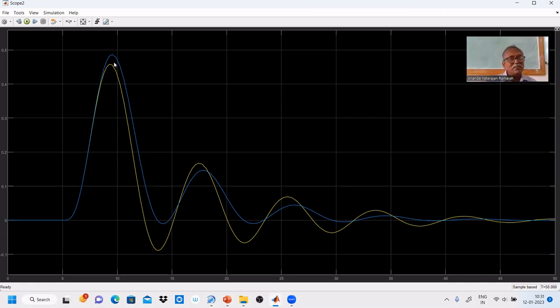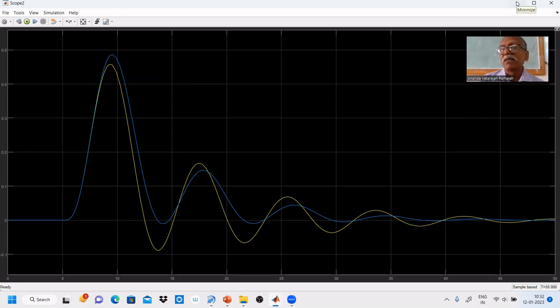That is squared. That's why in ISE you are getting a lesser value. The continuous cycling method is better, although as far as overshoot is concerned, it is not better. Otherwise, it settles quickly, with no undershoot. The reaction curve method has a large undershoot, but the continuous cycling method has lesser undershoot. So this way you can compare.